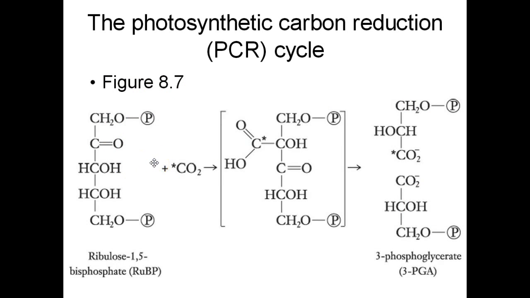Here's the actual reaction that occurs. If we add radioactive CO2, so this little asterisk is supposed to be that it's radioactive, then when this reaction first occurs, we get this very unstable intermediate, which is then very quickly converted into these two 3-carbon compounds, with one of them now being labeled, okay?